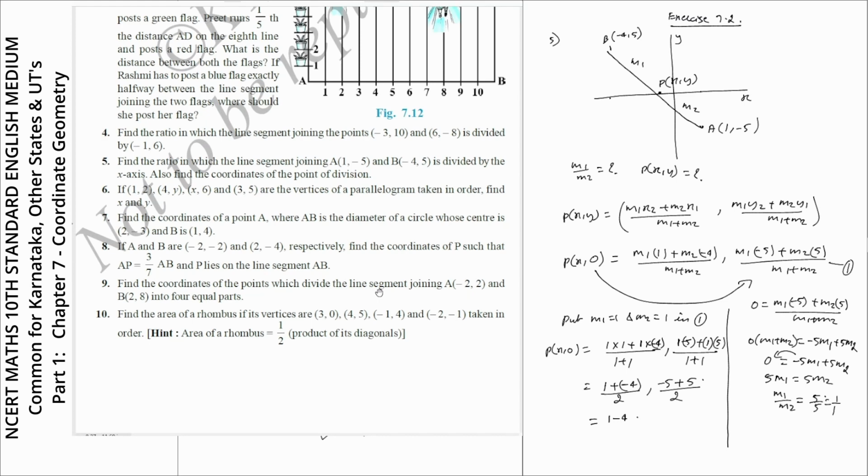Here plus 5 minus 5 will get cancelled, so 0 by 2. Again, 1 minus 4 is minus 3, so minus 3 by 2, and 0 by 2 is 0 only. So coordinates of P is x comma 0, where x is minus 3 by 2.